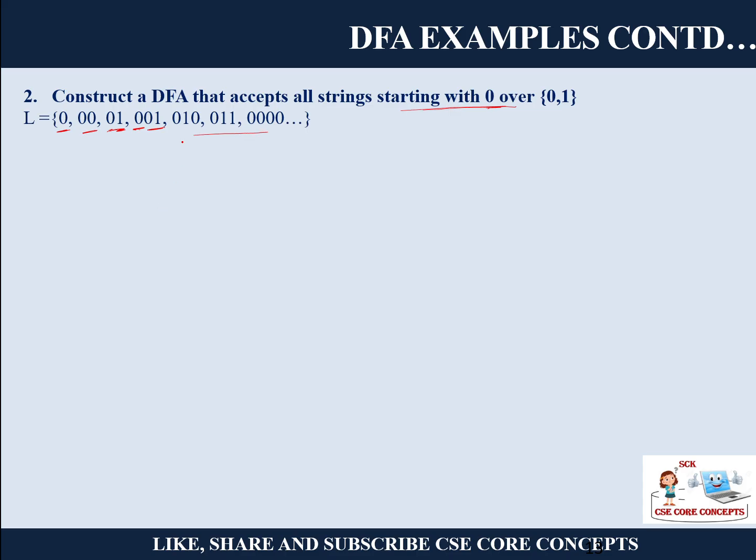So how will you construct your DFA? You start with the initial state and draw the minimum requirement, that is 0. You go to an accept state. Now what if you have 1? After the accept state, we said it should start with 0, and after that starting 0, you can have any number of zeros and ones, which is accepted. So you will remain in the accept state even after you get any number of zeros or ones.